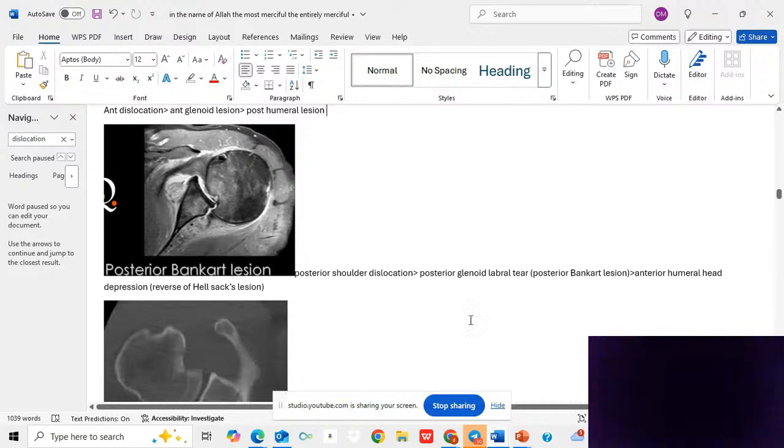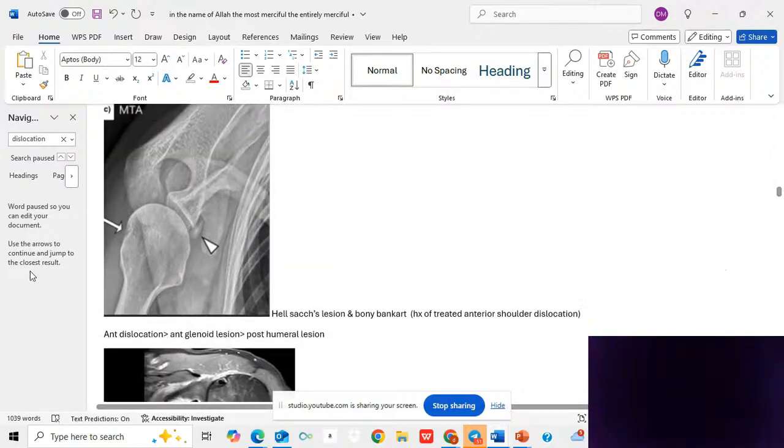Here is the anteromedial humeral head depression. Okay, anteromedial humeral head depression is called reverse Hill-Sachs lesion. It is the opposite of the Hill-Sachs lesion.